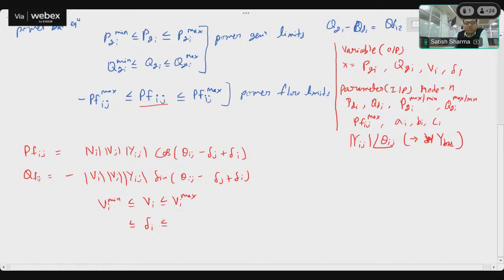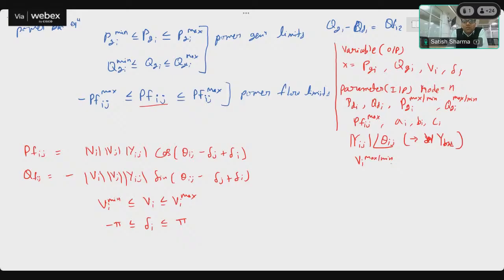As it is an angle, let's say pi and minus pi are the maximum and minimum values. So I have to provide the parameters Vi max and min as well. These are also some of my parameters, and then we can solve this particular problem.